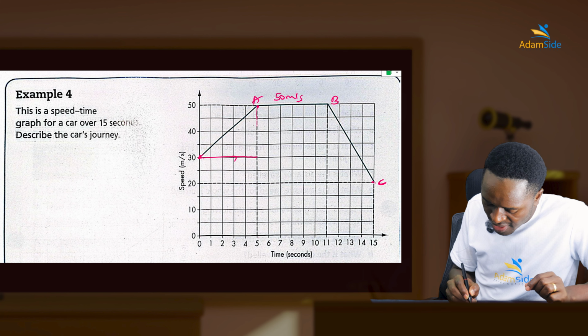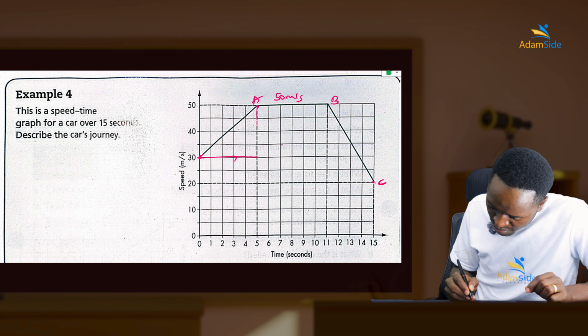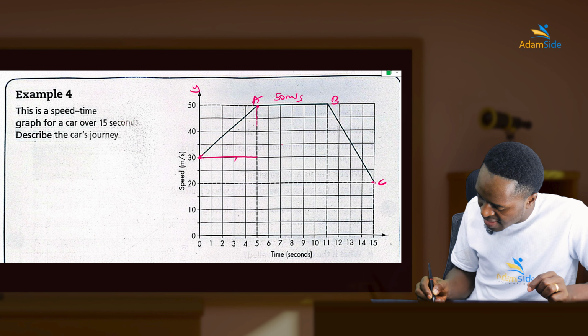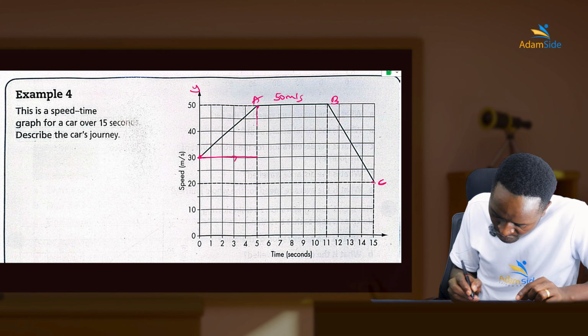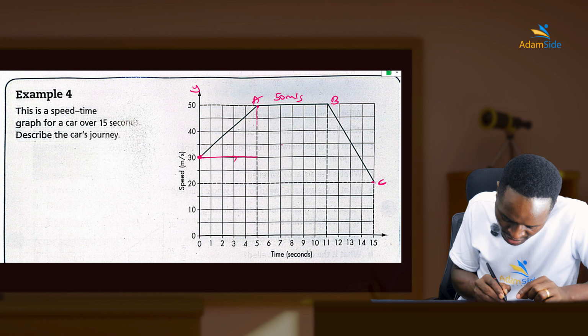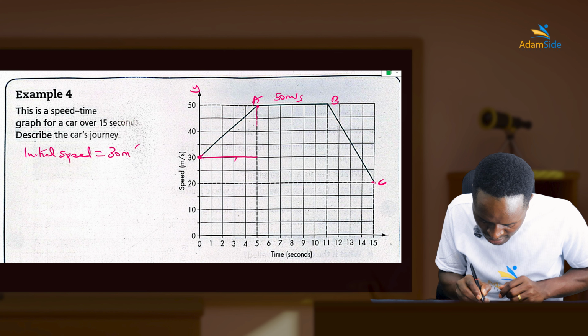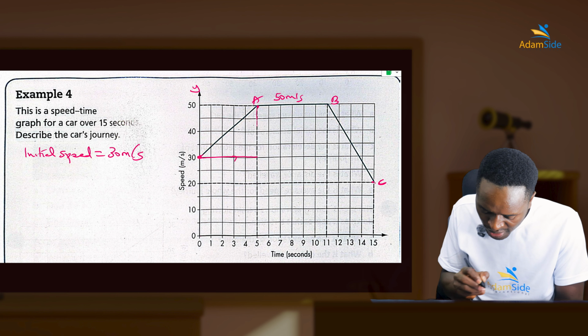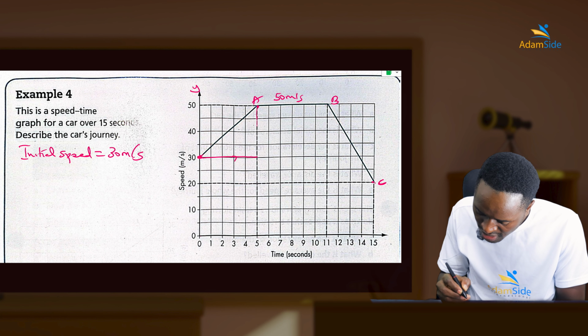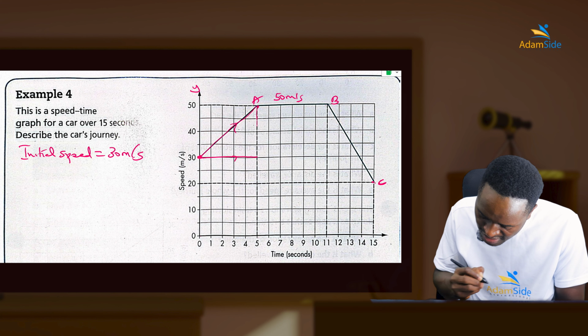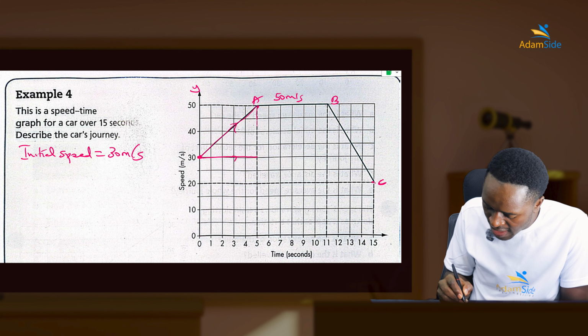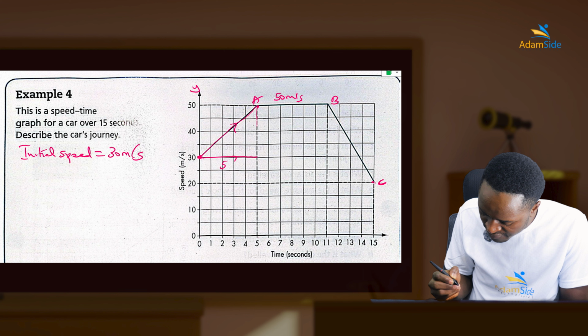We can see our initial speed was, because this is a speed time graph, on the y-axis we have speed, on the x-axis we have time in seconds. At this point here our initial speed is 30 meters per second, and from this point to point A the car is increasing in speed, in 5 seconds.